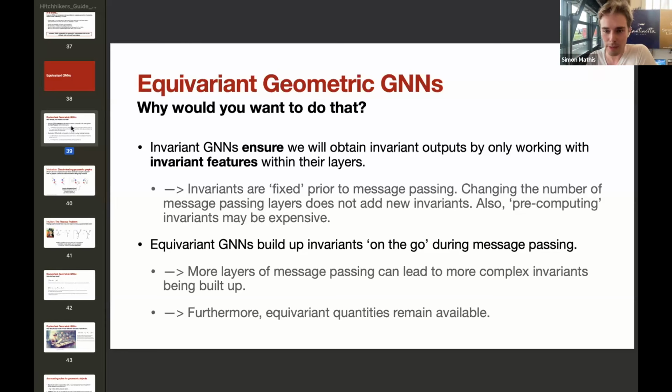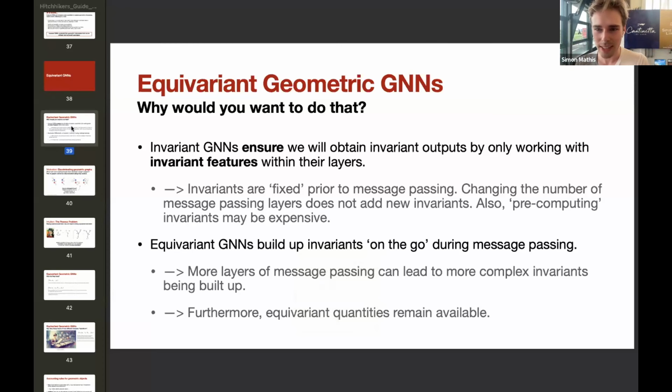Maybe they are distances, maybe they are angles, etc. But that means we need to make a choice at the beginning of which invariant features we actually want to present, and those are fixed prior to message passing. In particular, the invariants we can build up do not change if we stack more layers, for example. So it's harder, in a sense, to make our networks adaptive just by scaling the architecture.